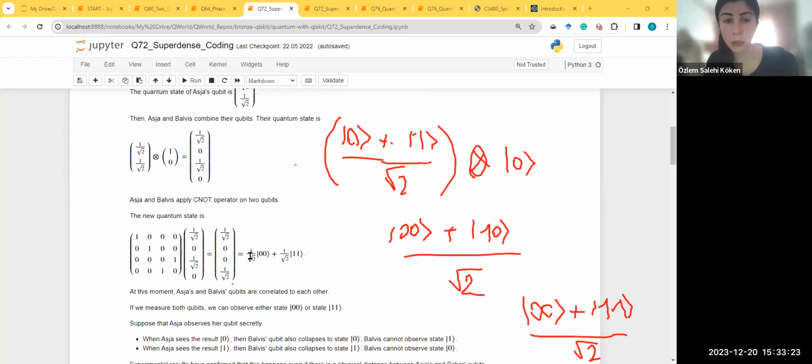Asya is making a measurement. The first qubit is measured, and Asya observes that it is a 0. Can you say anything about Boris's qubit? If Boris makes a measurement, what is he going to observe? Will he observe 0? Will he observe 1? Or will he observe 0 and 1 with equal probability? What do you think?